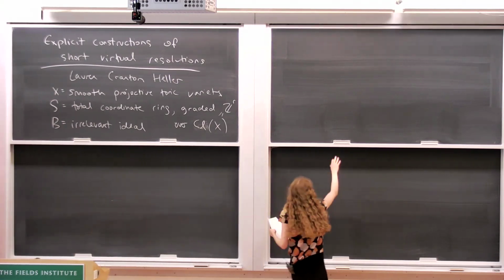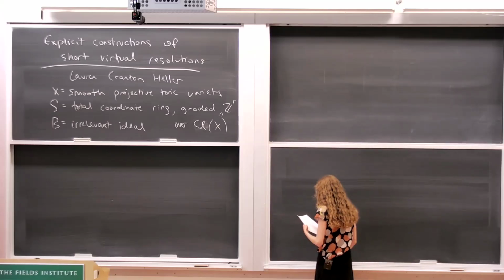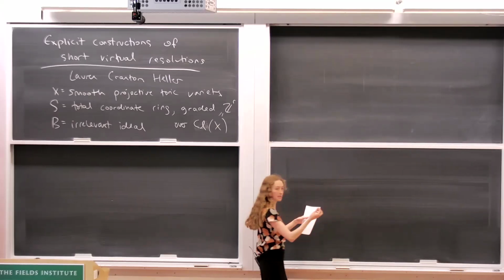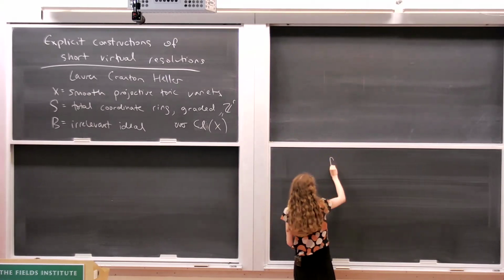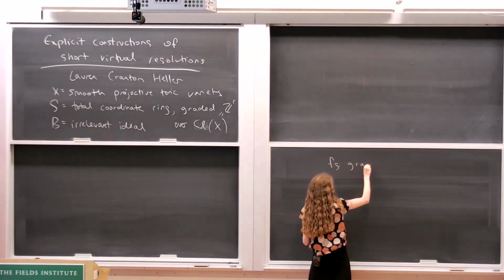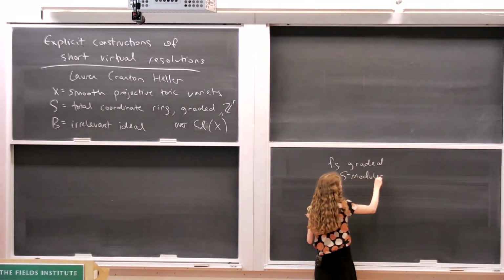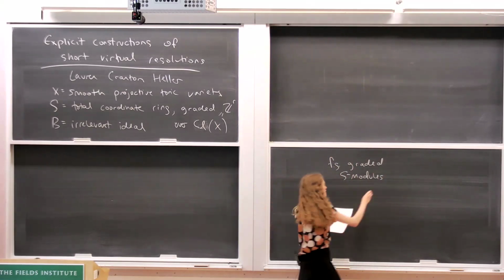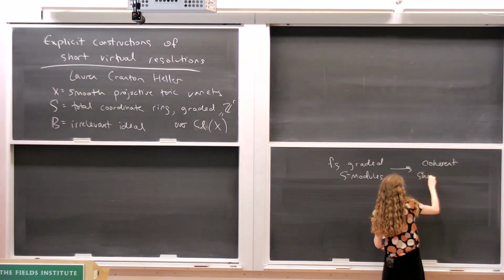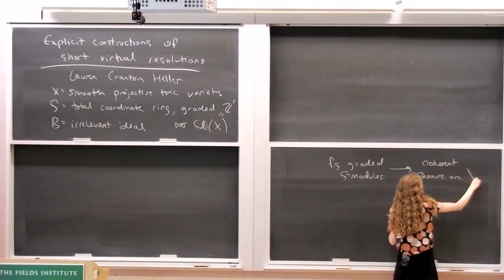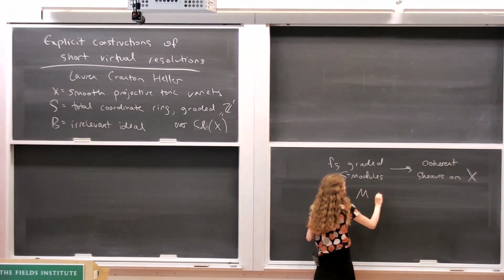So one of the nice things about toric varieties that Cox figured out in the 90s is that finitely generated graded S modules correspond to coherent sheaves on X. And so we're going to denote this by sending M to M tilde.